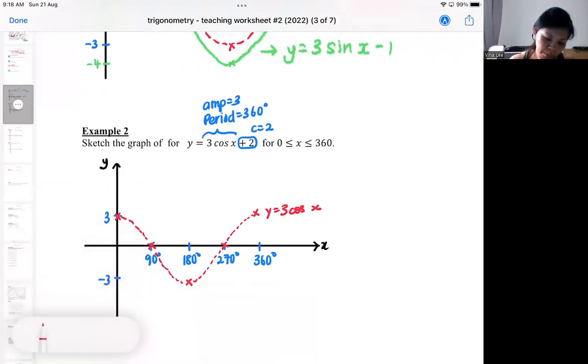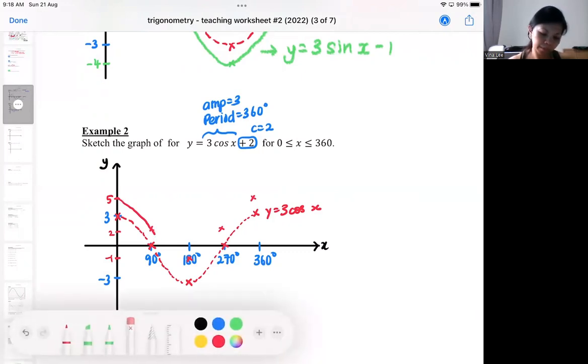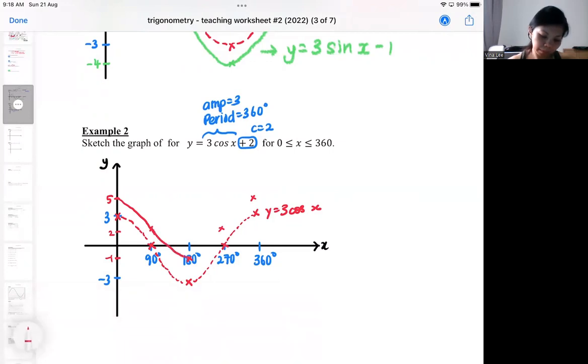So if I shift this point up, it will go to a 5. So this will go to a 2. This will go to a minus 1. So you should feel a vertical effect. So this is the final graph.